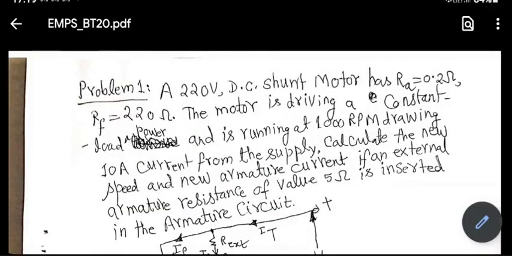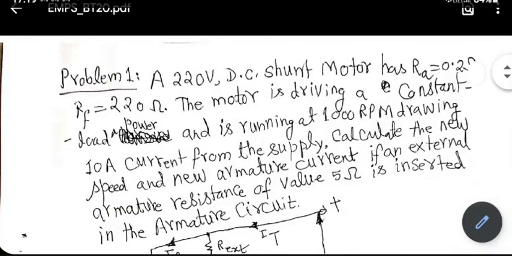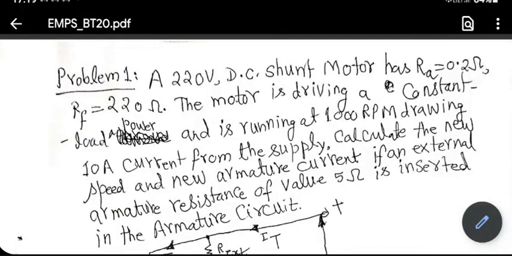We may not be able to finish this, but I want you to read this statement at least carefully, and we'll continue next time. A 220 volt DC shunt motor has RA equal to 0.2 ohm, RF equal to 220 ohm. The motor is driving a constant load power. That means power being drawn mechanically is not changing, and is running at 1000 RPM.